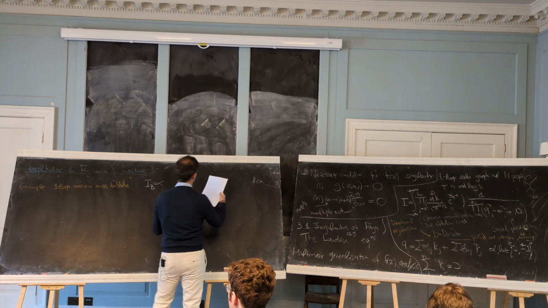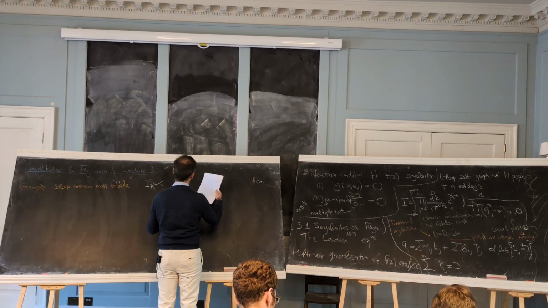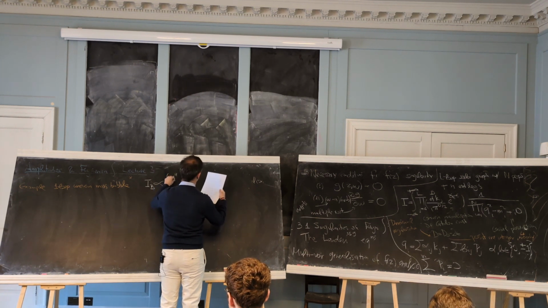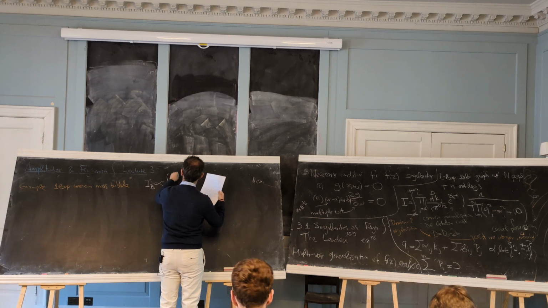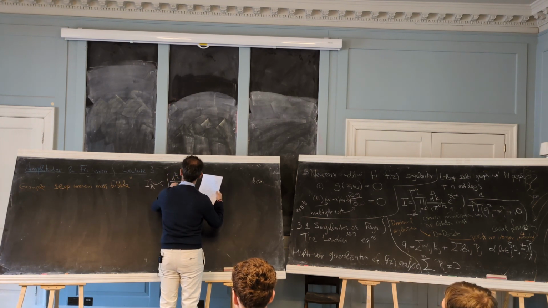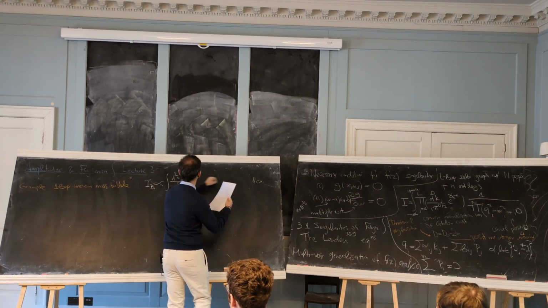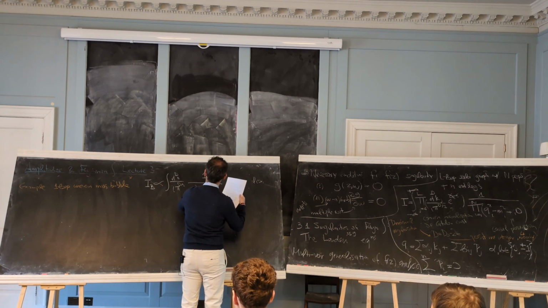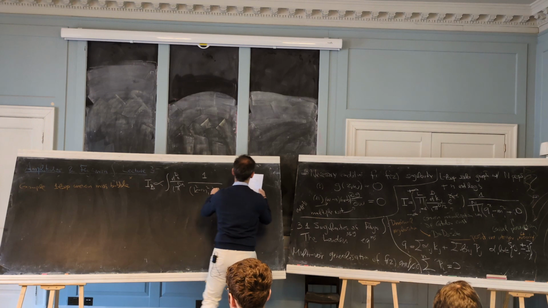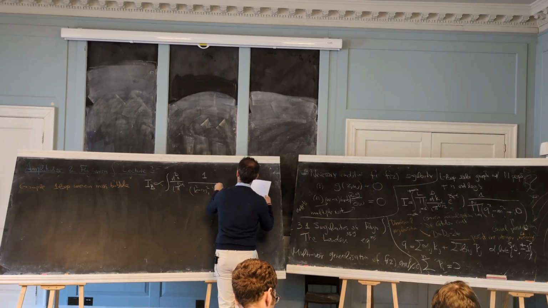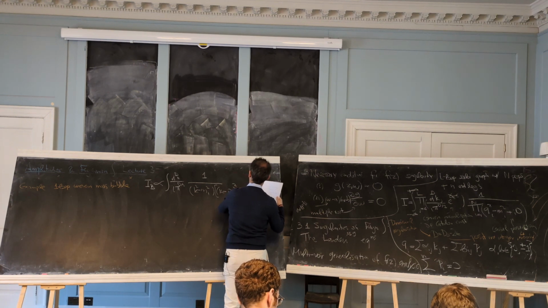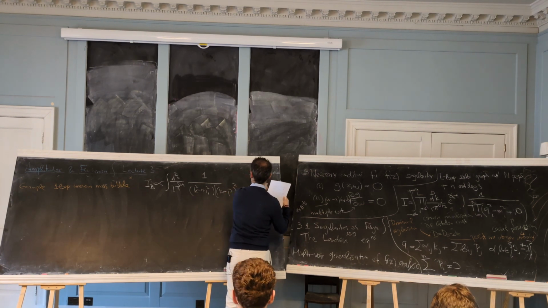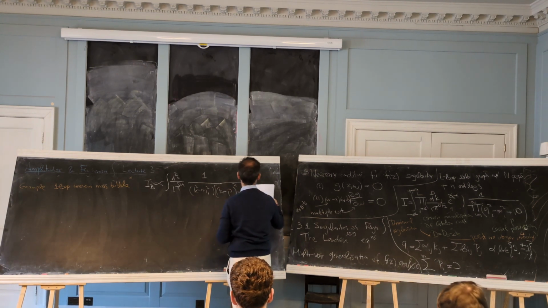I write proportional so that I don't have to write the normalization: d^D k over 1 over k squared minus m1 squared, times k minus p squared minus m2 squared.